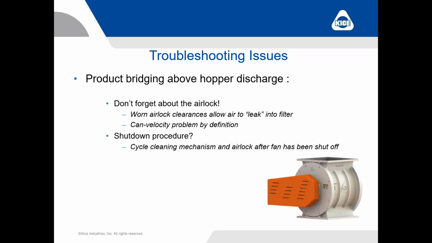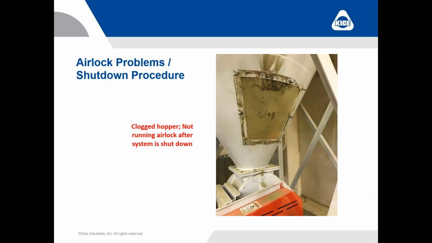And what that's doing is stealing air. First of all, stealing air from the downhill process. You might lose pickup at your dust pickup points, but it's actually percolating that material above the airlock. It's not allowing the material to settle down into the airlock and discharge, and over time can create a bridge, can create a bind, and you might end up with something like this. This is not a good surprise if you pop the access door off of your hopper.